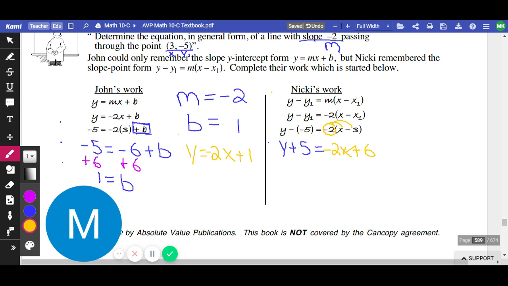Now that Nikki has slope point form and has multiplied in, she's one step away from slope intercept form. All she has to do is subtract 5. Subtracts 5 from both sides to get the final answer of y equals -2x plus 1.